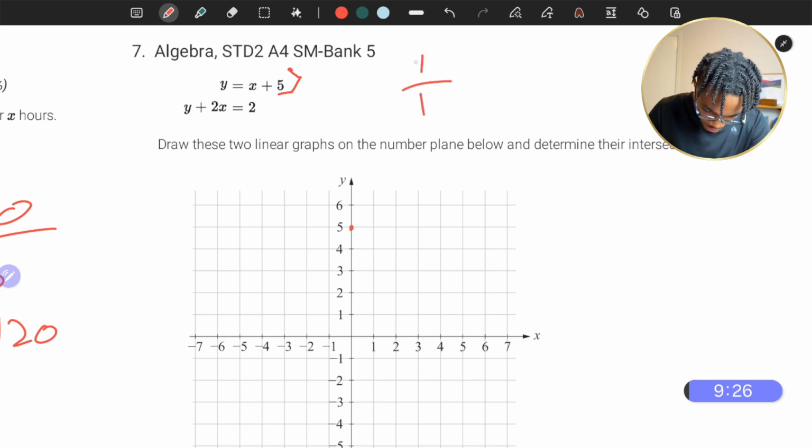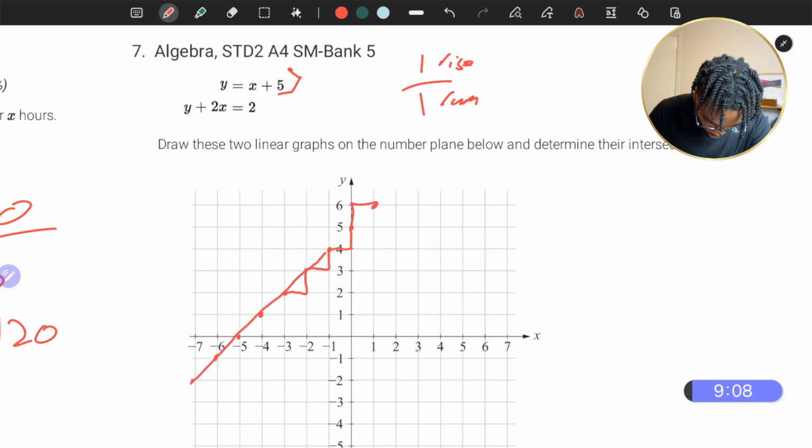Rise over run. Then we draw a line between these points.